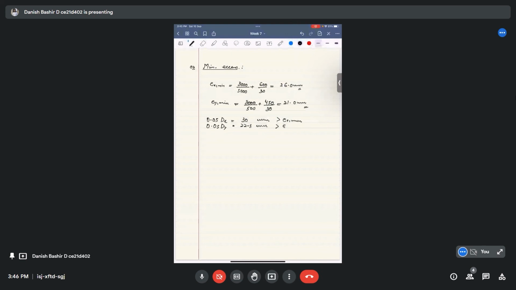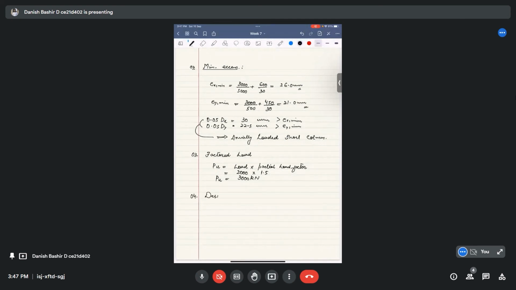The partial load factor we will take as 1.5 as per code, so we have 3000 kilonewton as Pu.